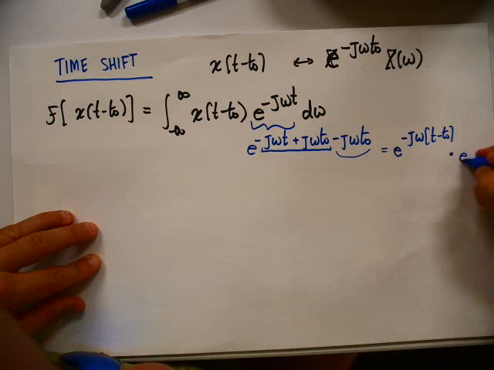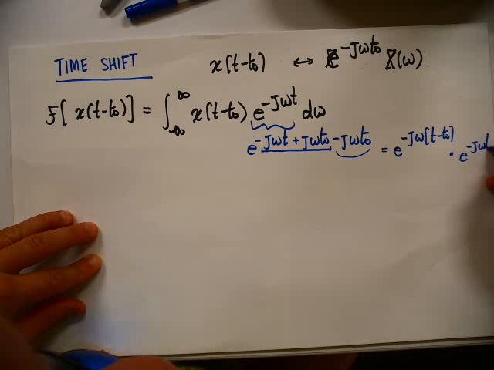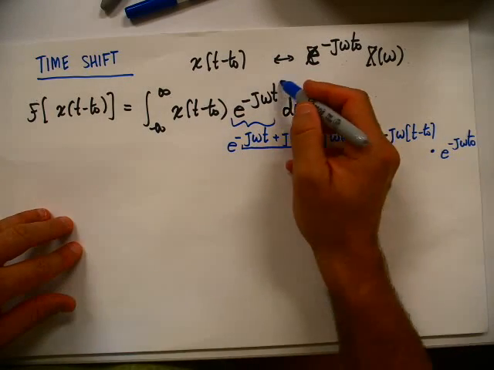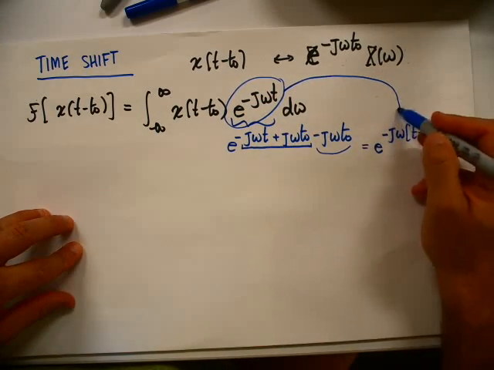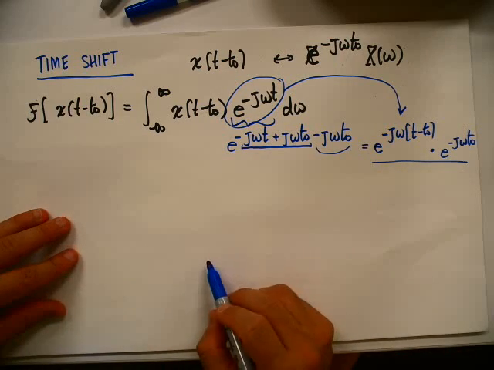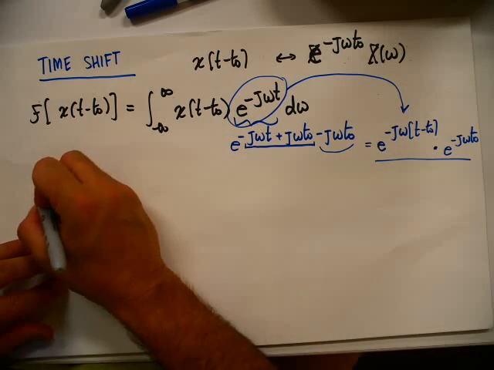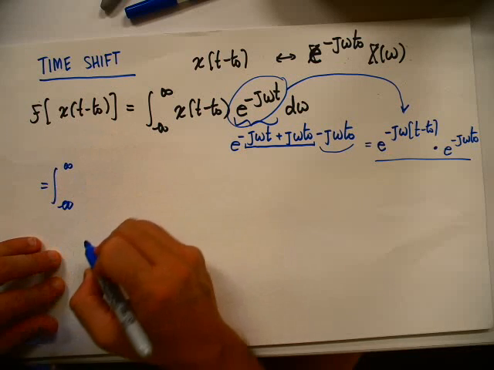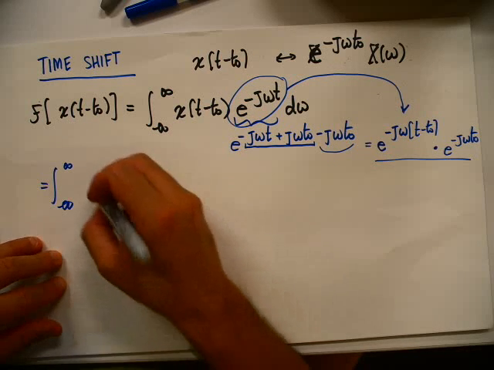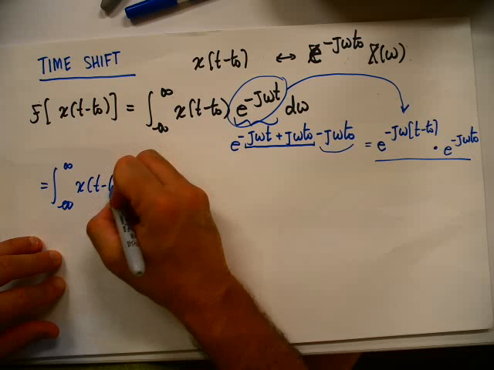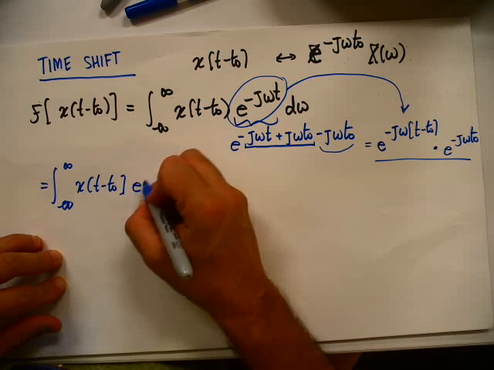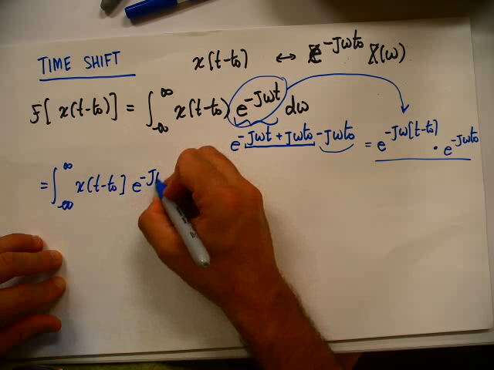I can split the two exponentials, and so this integral is equal to the integral from minus infinity to infinity of x of t minus t naught times e to the minus j omega (t minus t naught) dt.